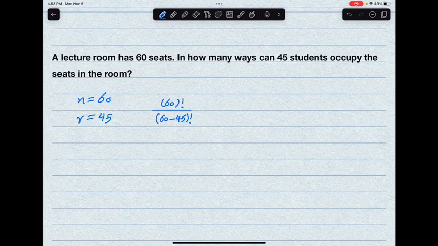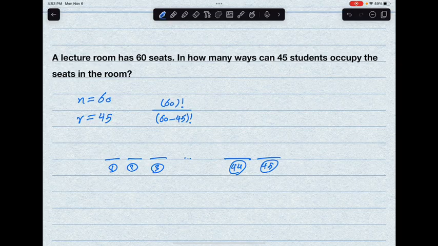Okay, so first student, second, third, and so on to the 44th student and 45th student. How many choices here? It's going to be 60. The first student can choose any of those 60 seats.